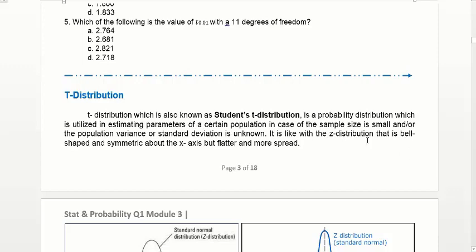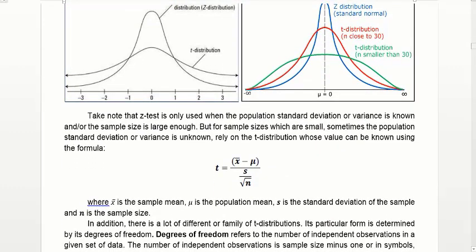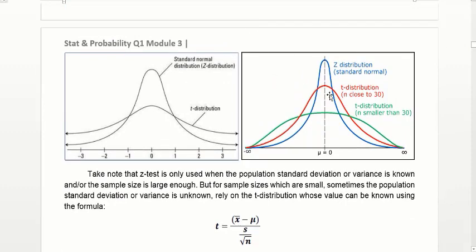It is like the z-distribution that is bell-shaped and symmetric about the x-axis but is flatter and more spread. As we said earlier, it is just flatter, although it has almost the same properties. The mean is at the center, and it is symmetrical. What is on the left is also on the right.